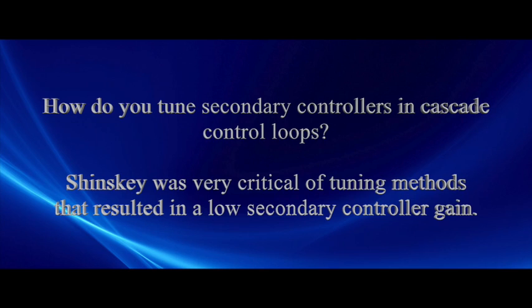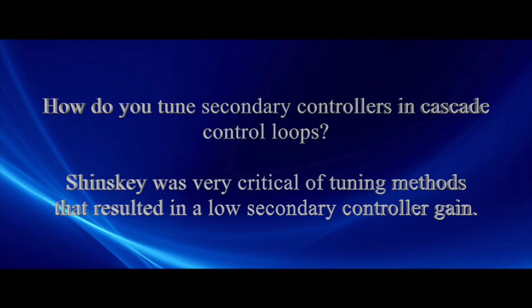The other thing is you could just tune that secondary loop to have mostly proportional action and do maybe this modified tuning method where you take the reset out of the picture and then you increase the gain so you start to see an oscillation, and then you get that period that becomes your reset time, and then you back off a little bit on the secondary PID gain.